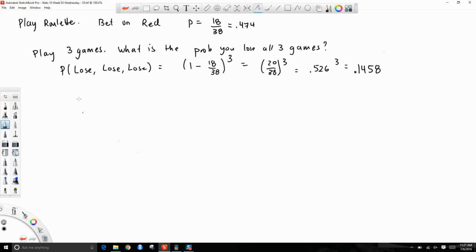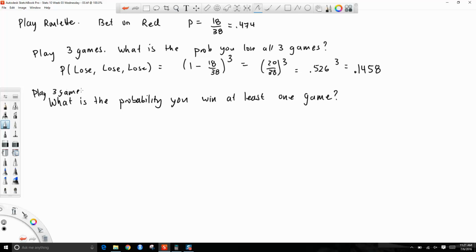Okay, what if I said, what is the probability you win at least 1 game? You play 3 games again. So play 3 games, what is the probability you win at least one game?